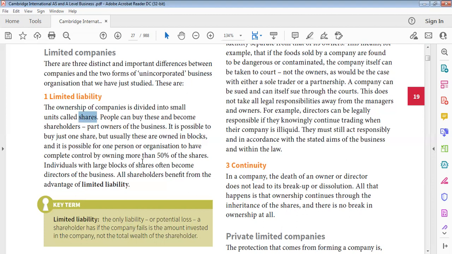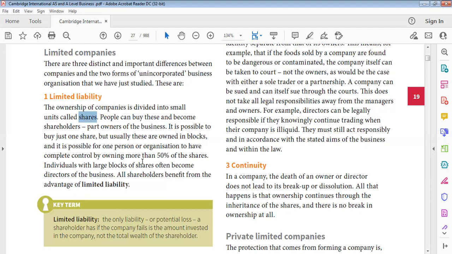So 10 plus 25 plus 25, that's 60% of Facebook. How much is left out of 100%? 40. That 40% may be owned by Mark Zuckerberg. This is called shares and shareholding. We own part of the company.